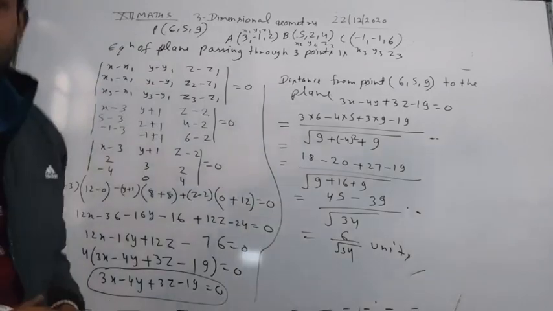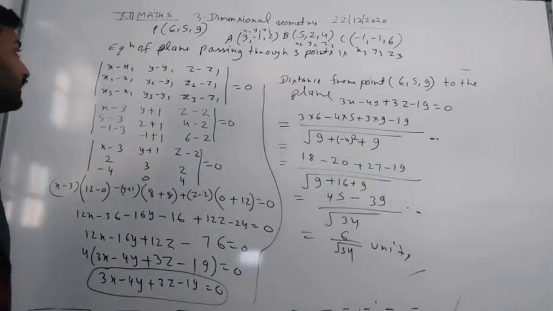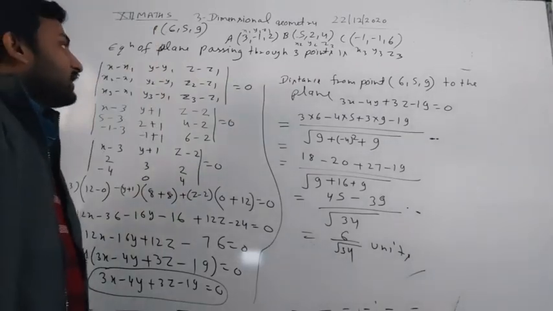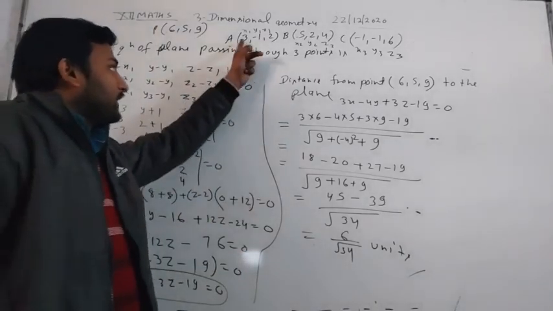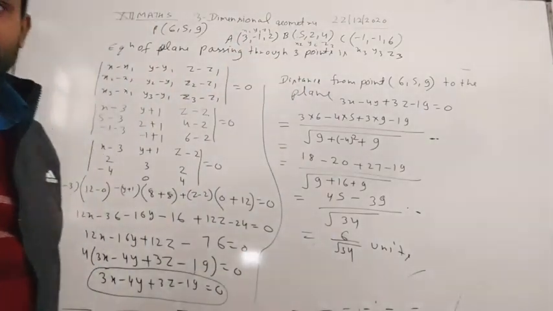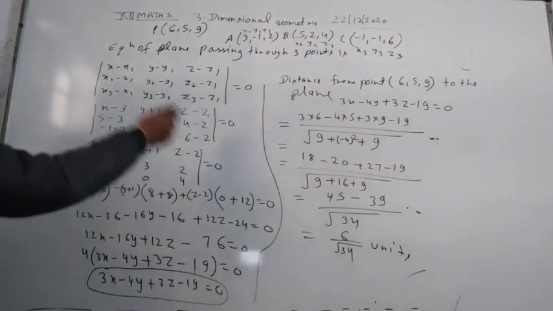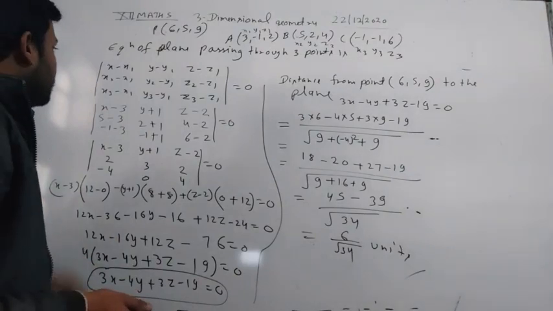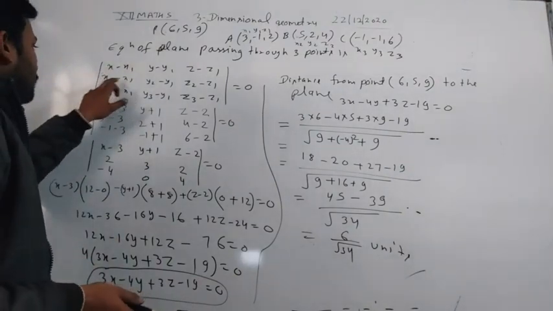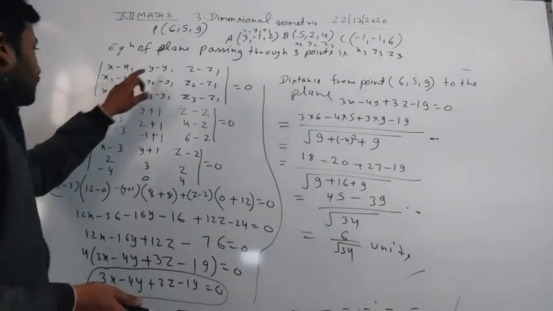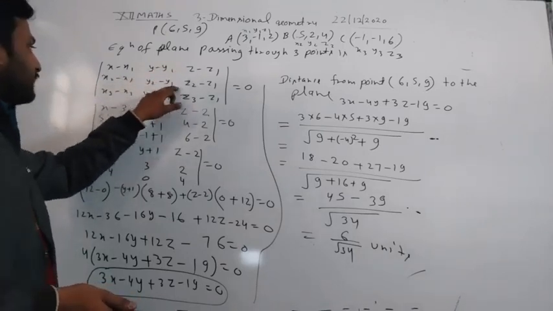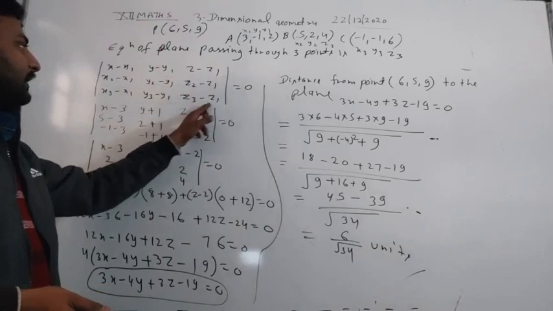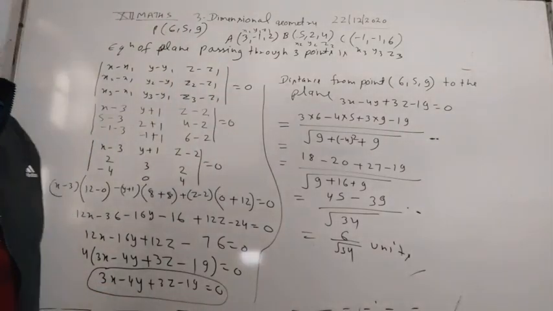I hope you understand, students. Let's see once again. This is our point from which we have to find the distance of the plane which is passing through the points A, B, C. So first of all we find the equation of the plane. We know the formula of the equation of a plane passing through 3 points is the determinant x minus x1, y minus y1, z minus z1; x2 minus x1, y2 minus y1, z2 minus z1; x3 minus x1, y3 minus y1, z3 minus z1, equal to 0, student.